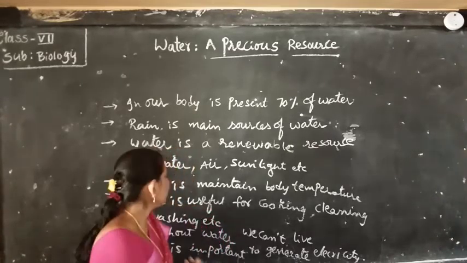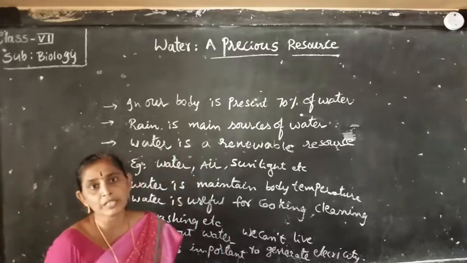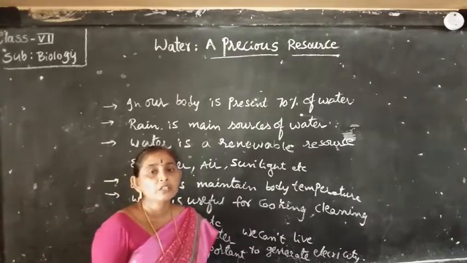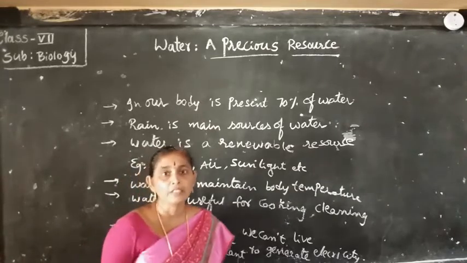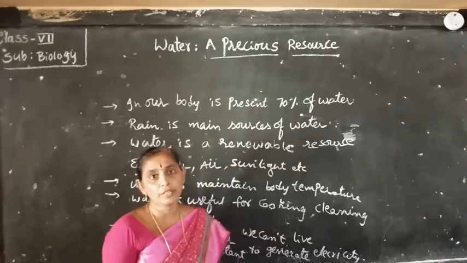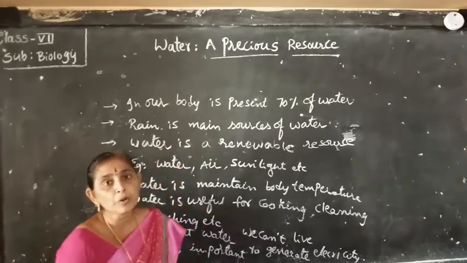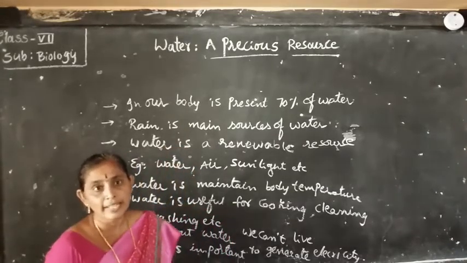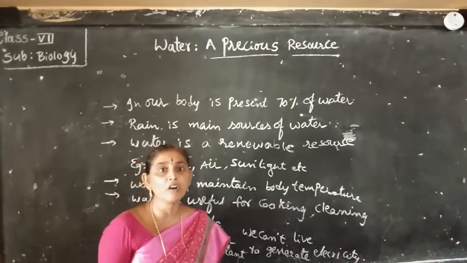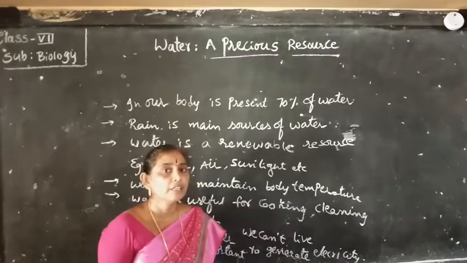That's why water maintains the temperature of our body, and water is important to transport the blood throughout the body. Then water is important for digestion and filtering of wastes in our body.